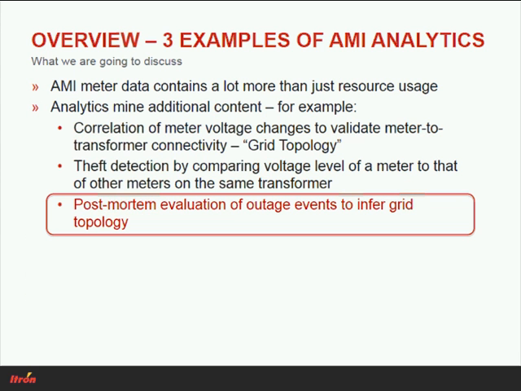So that's for our two examples. And the third one, which is unfortunately easier to explain than to show, is how we can use outage events to our advantage and also use them to verify connectivity.